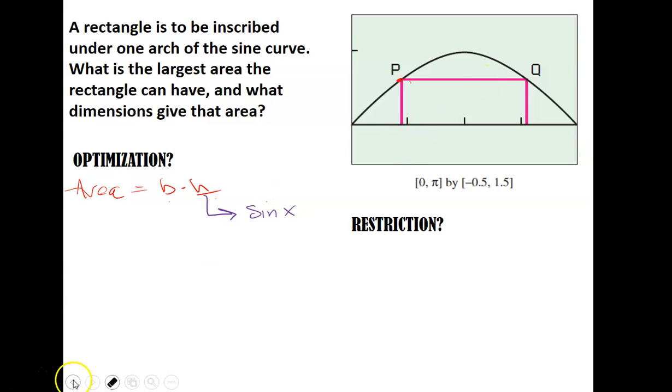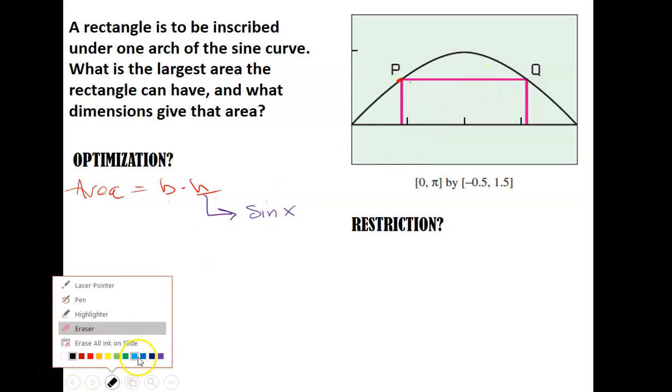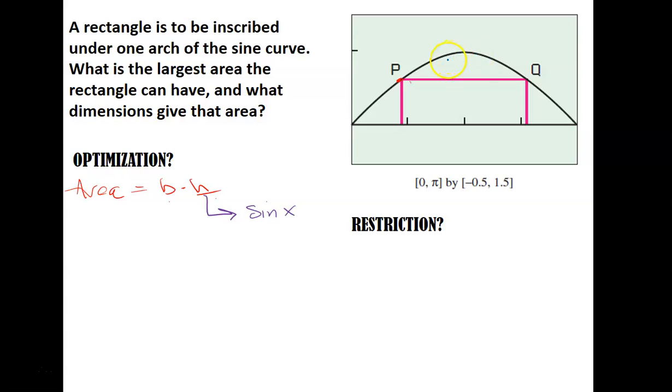We don't have to use the one that's in the picture. I could draw my rectangle tall and thin, and still I'm going to say the distance over to my rectangle is my x value. So sine of x is the height of my rectangle. That's how I'm defining my height.